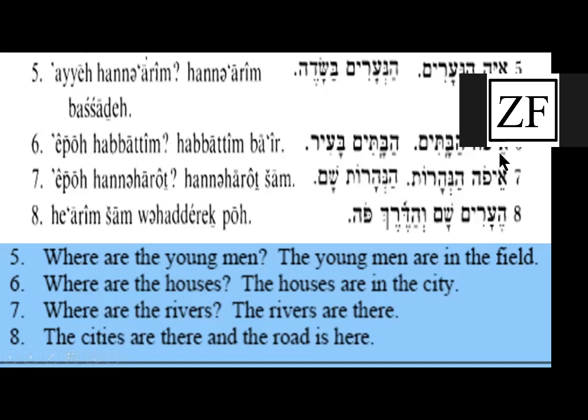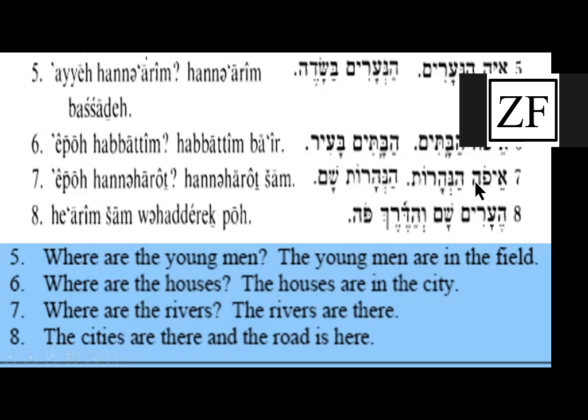Perfect. Okay, Eifo, Habatim. Eifo was what? Where? And Batim is houses, and this is the. Habatim. So Eifo, Habatim, where are the houses? Habatim, Ba'ir. So the houses are where? In the city. Perfect.